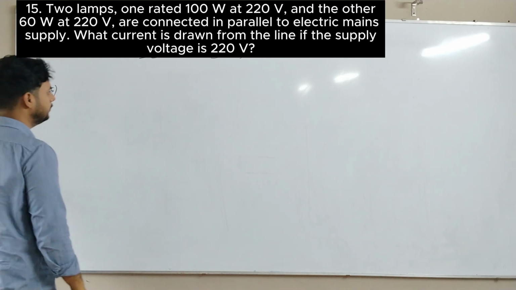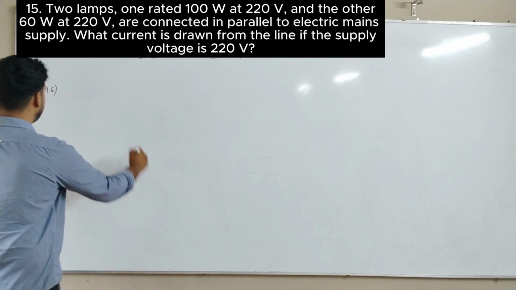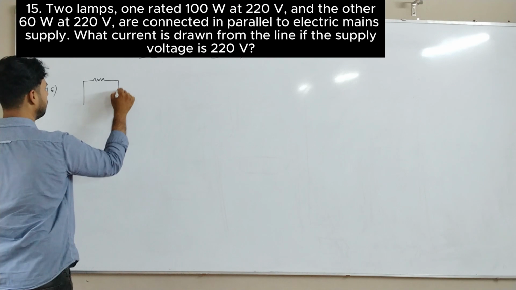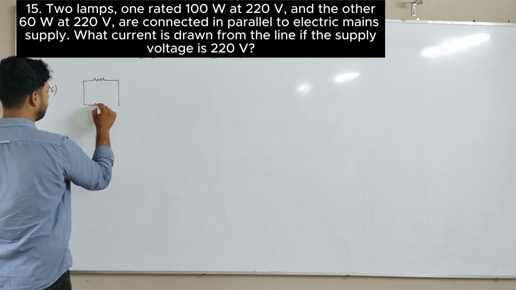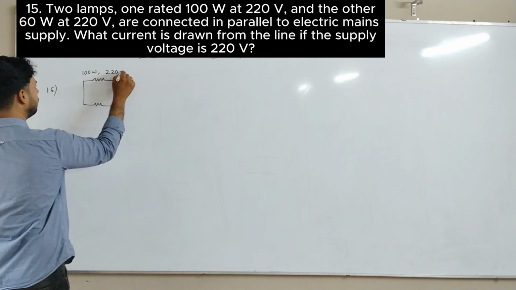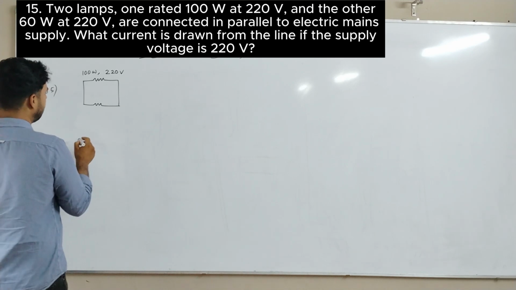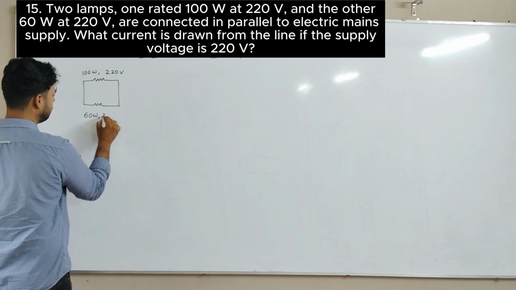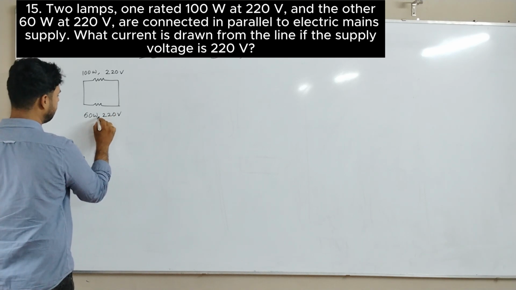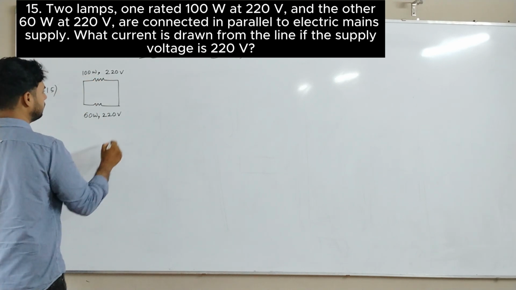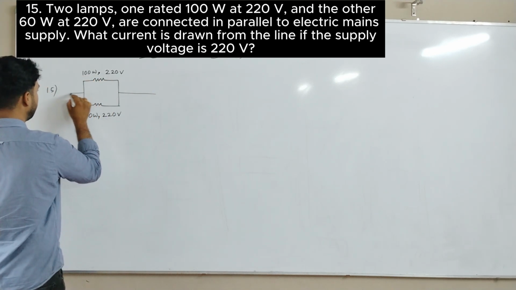Question, right? Two lamps. One rated 100 watts at 220 volts, and the other 60 watts, 220 volts, are connected in parallel to the electric main supply.